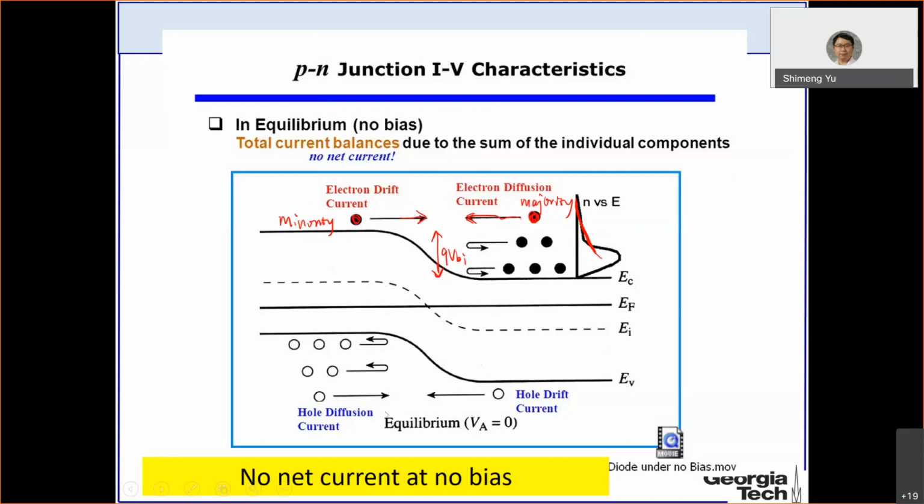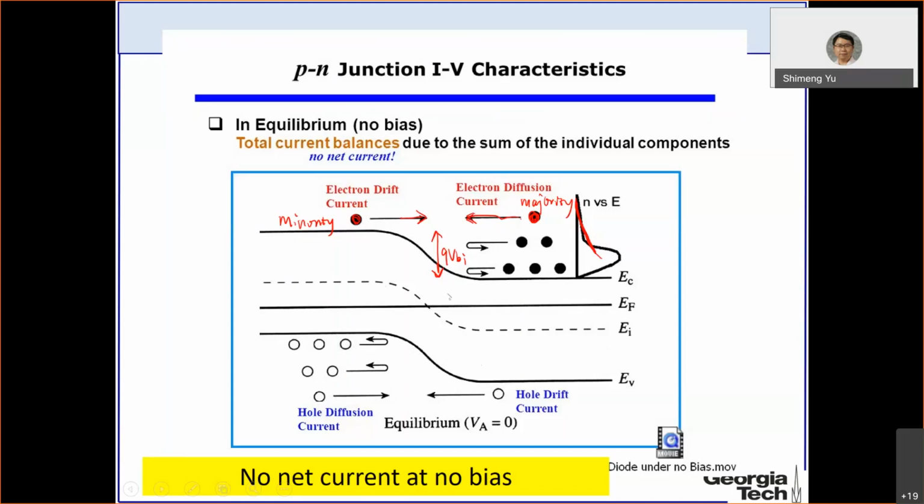Similarly, for the hole, here you can see hole, like a bubble, tends to occupy the higher level first, and then this hole tends to diffuse, but will be bounced back. Only the hole at low enough energy here will move over this barrier, and then the hole drift will cancel this diffusion.